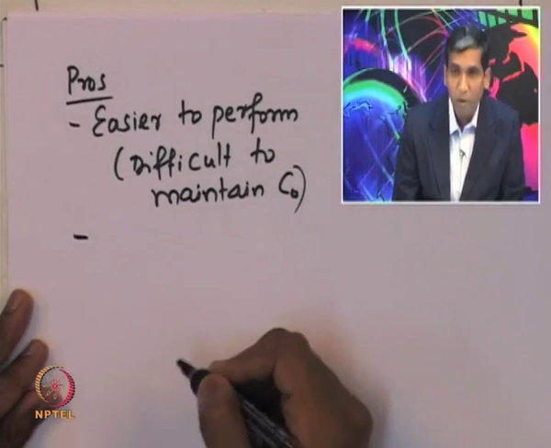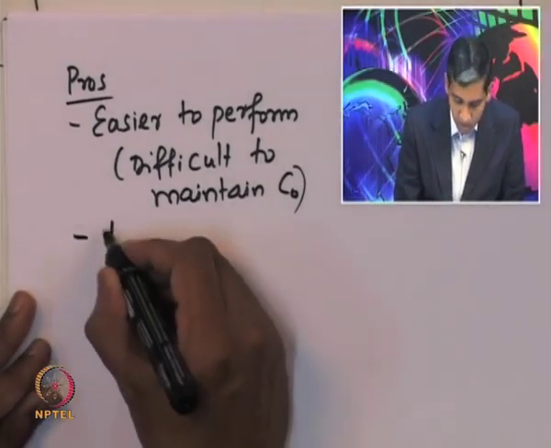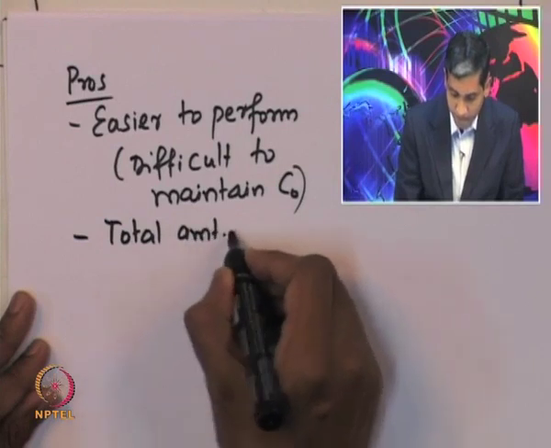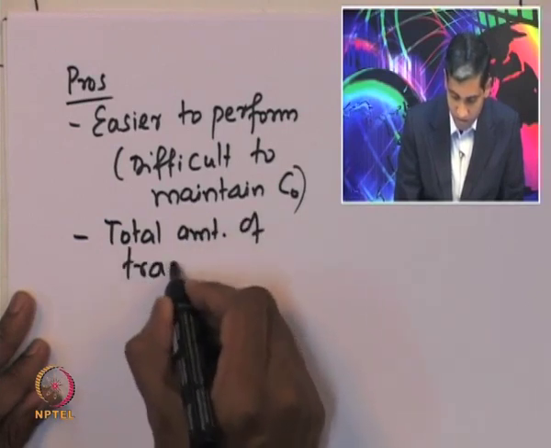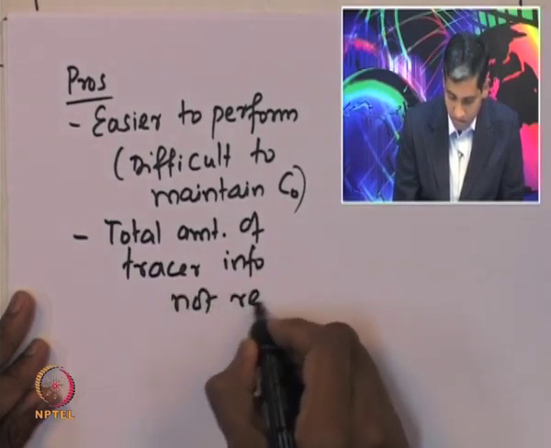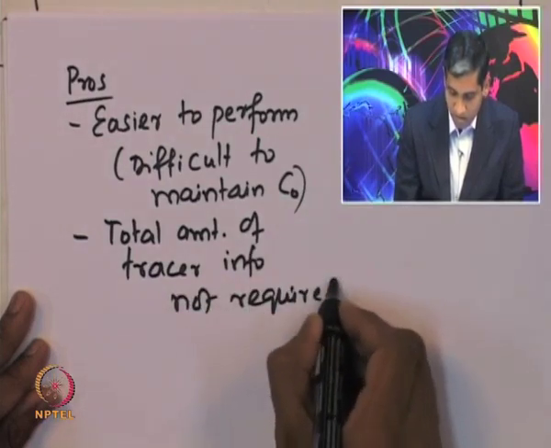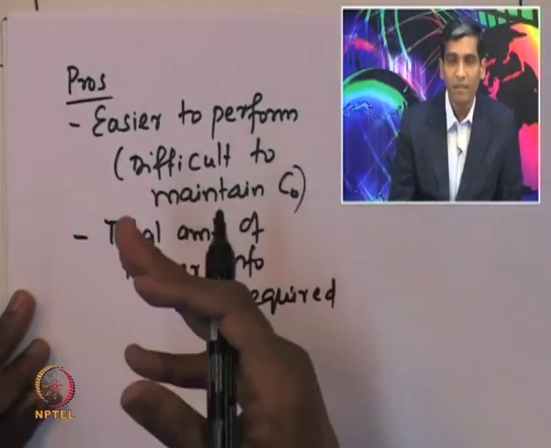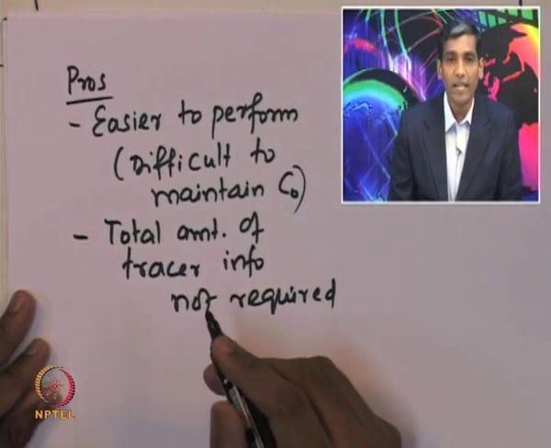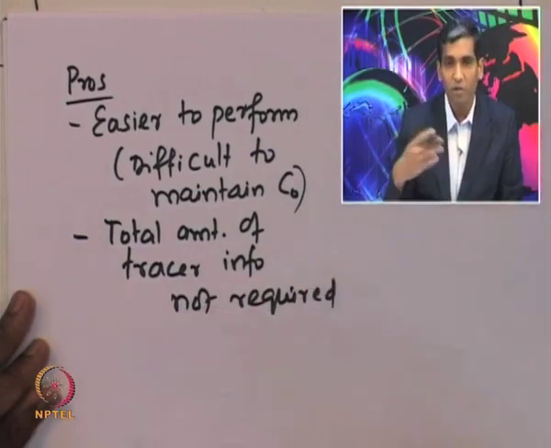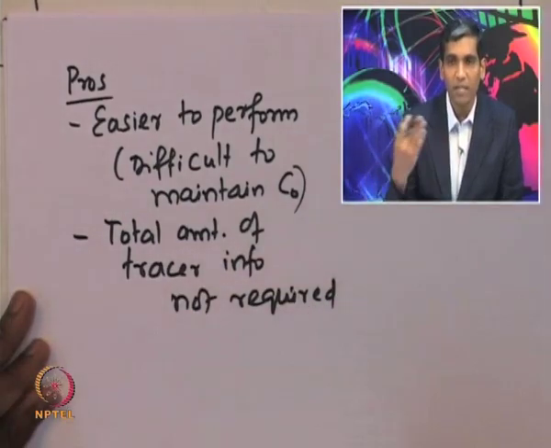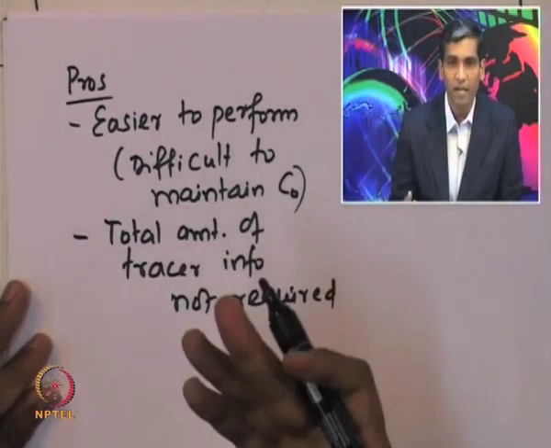And also an important advantage with this method is that the information on the total amount of tracer is not required. Remember that in the pulse input case, in order to find the total amount of tracer, one needs to integrate the concentration or the C curve, and if there is a long tail, then inaccuracies may creep into this integral.